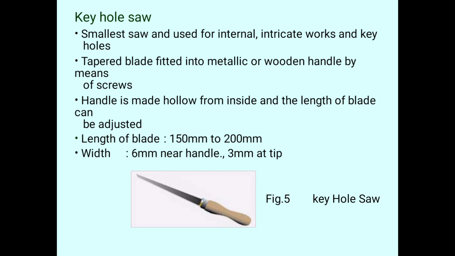That's why we can say that it is a tapered blade. At the tip of the blade the width is 3 mm, and near the handle the width is about 6 mm.